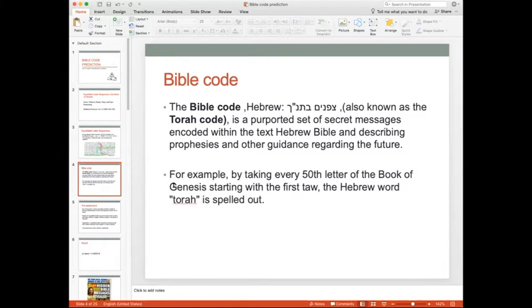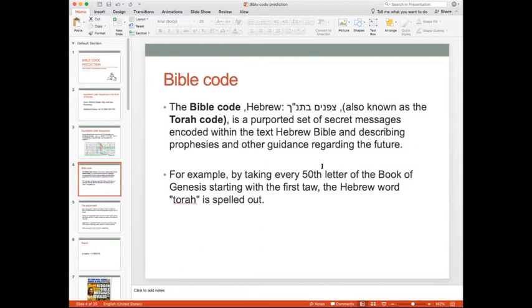For example, by taking every 50th letter of the book of Genesis, starting with the first Tau, the Hebrew word Torah is spelled out. So the Bible code is a structure in the format of equidistant letter sequences, hidden in the Bible for people to find.